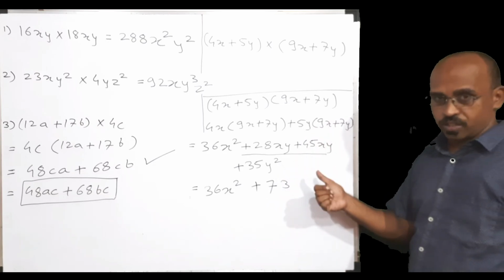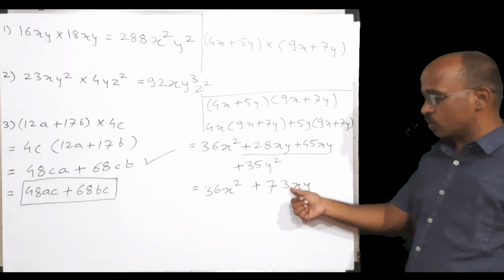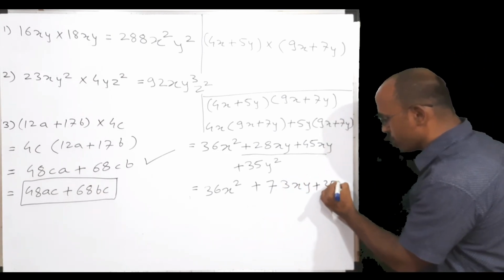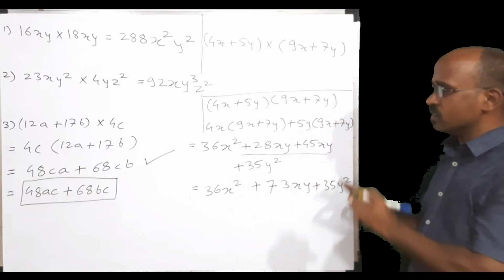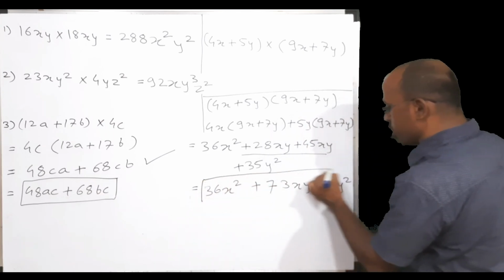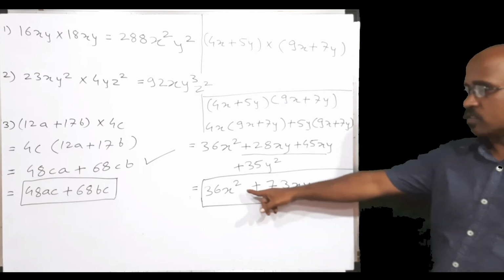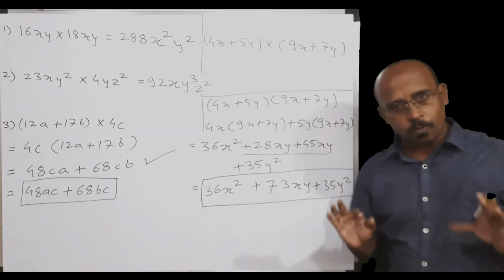As we are doing addition, so write variable with indices as it is. Don't change it. xy as it is. Plus 35y square. Now all of the terms are unlike, hence this is our final answer. So you can say 4x plus 5y multiplied by 9x plus 7y is equals to 36x square plus 73xy plus 35y square.